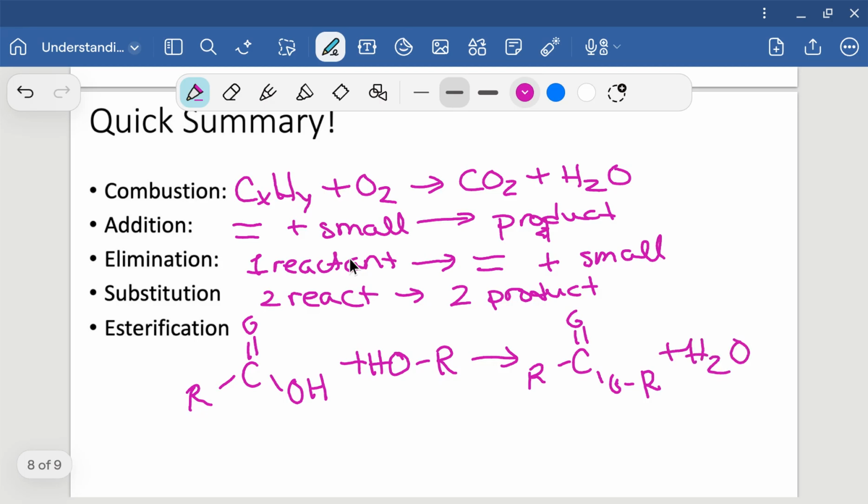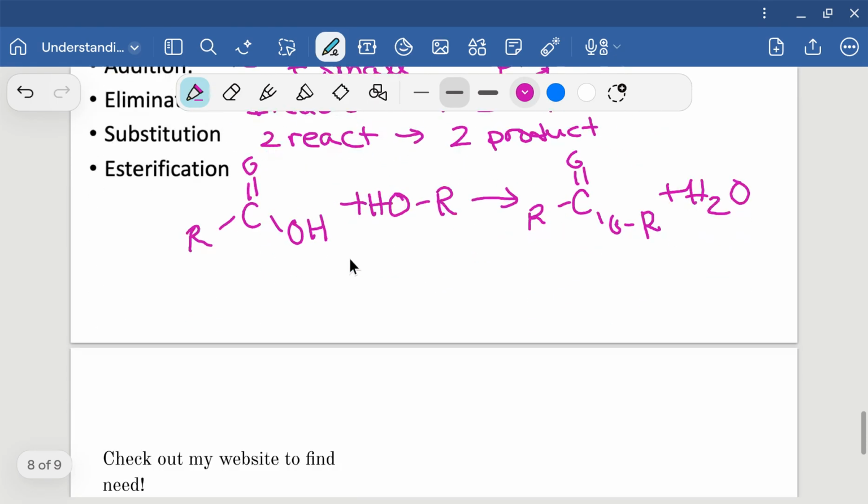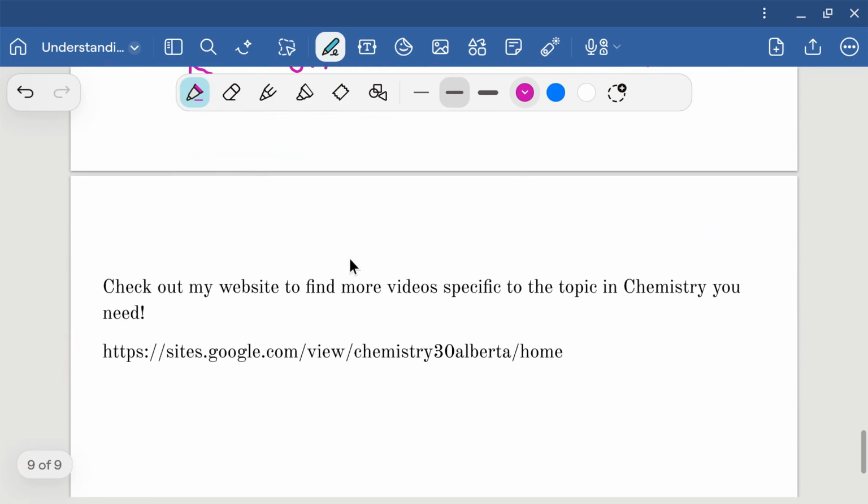So those are our reactions that we want to be familiar with. And then there is one more with polymerization, but polymerization is addition reactions or esterification reactions, or condensation would be another word for it. But we can take a look at that a different day. But those are the first 5 you want to start with.